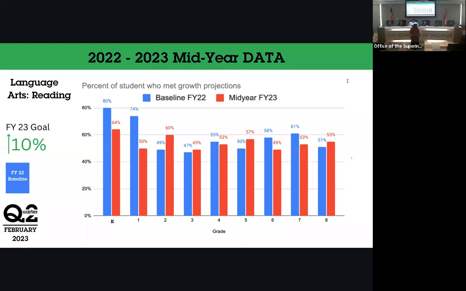So we can see that we have some celebrations in 2nd, 3rd, 5th, and 8th grade, and they have already exceeded the number of students that met their growth target as compared to the end-of-year growth last year. We still have the opportunity to exceed end-of-year expectations in all grade levels as mid-year data is intended to inform our instructional adjustments for students.